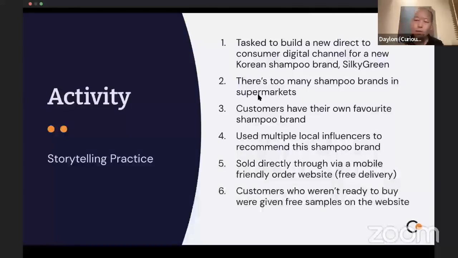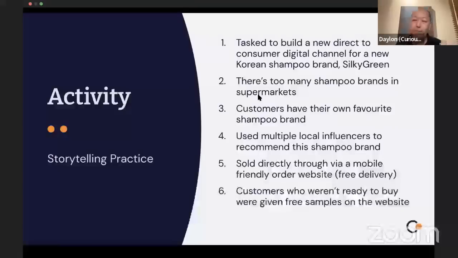So the question is, how might we gain market share when we launch this shampoo brand called Silky Green, which is relatively unknown in the market, and attract people to use it, try it, and make it their own favorite shampoo brand? So our solution to this challenge is to engage multiple local influencers to talk about the shampoo brand, and we would be paying them to advertise in very creative ways the difference between this shampoo brand and other shampoo brands.